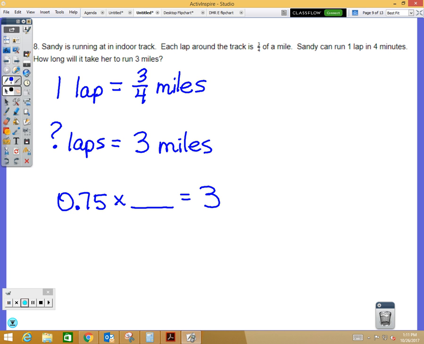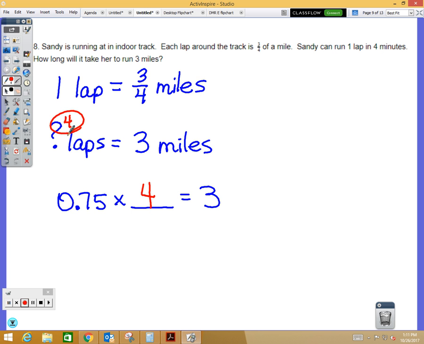How can you figure out that missing number? What's the opposite? Very good. 3 divided by 0.75 would give you 4. It's going to take 4 laps around the track.